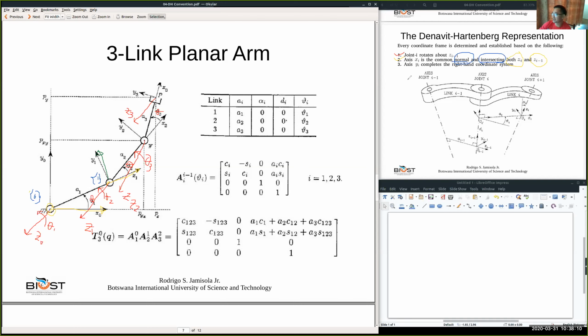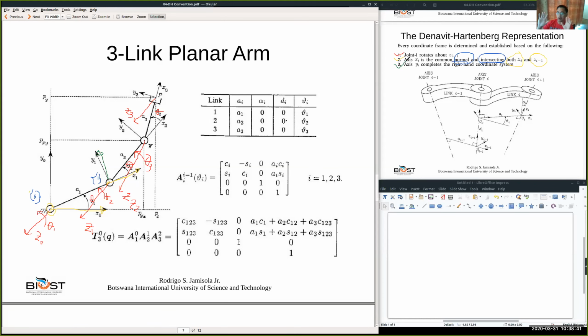So we already completed all these requirements for frame 1. Remember, for frame 0, we arbitrarily choose all those directions. As long as we are the base frame, as long as Z0 is the axis of rotation for theta 1, the rest of X0 and Y0 can be arbitrary, as long as they follow again the right hand rule.